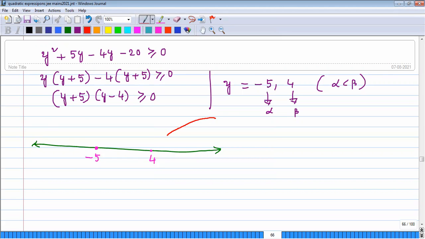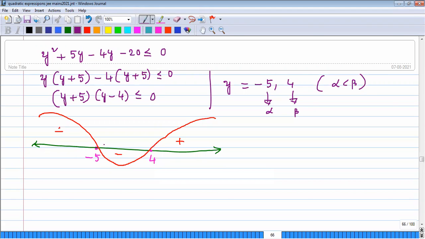Now the wavy curve method. The y square coefficient is positive, plus sign, then minus, then plus sign. Sorry, absolutely correct, what you said. I have written it wrong. This is less than or equal to 0.